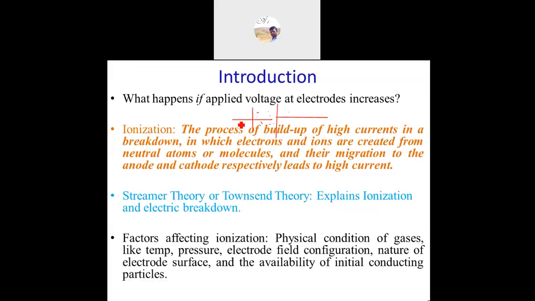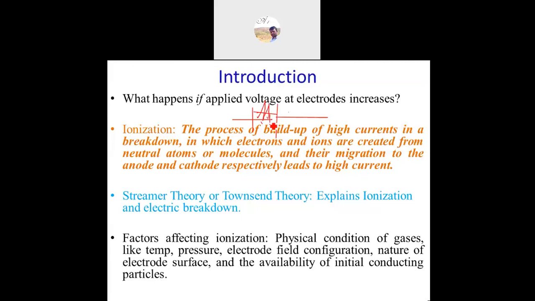If we apply high voltage between the anode and cathode, what will happen? The gas will stop the flow of current. If the atoms resist whatever voltage is applied, then it acts as an insulator.